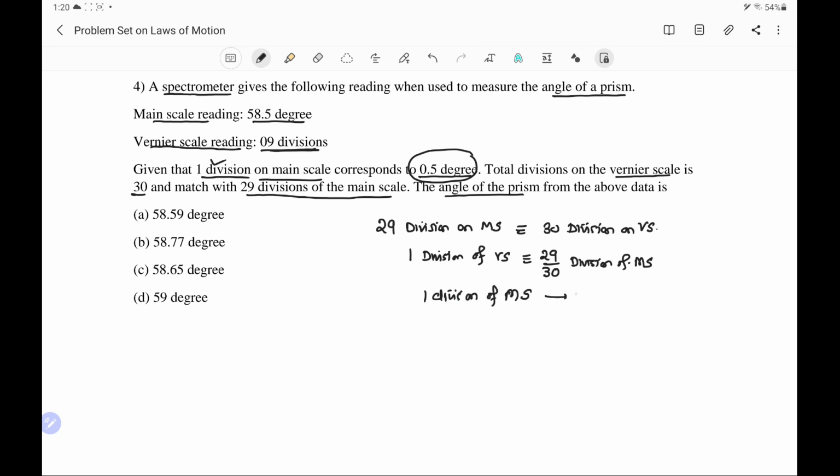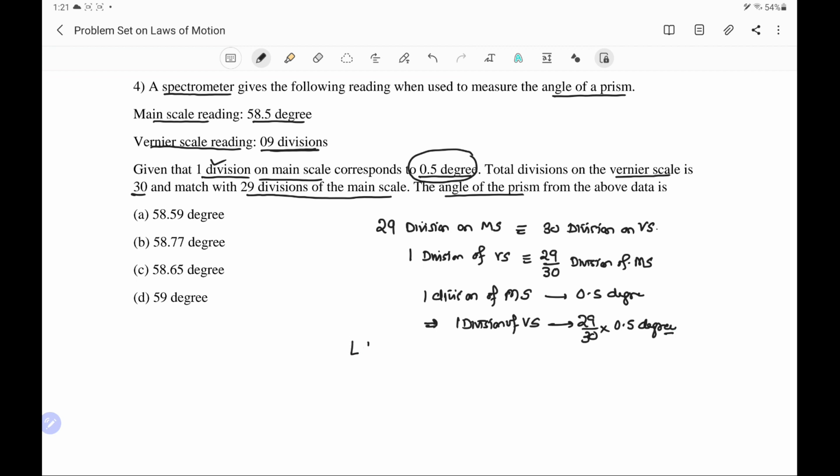This implies that one division of vernier scale will be equivalent to 29 by 30 into the value of one division of the main scale, and one division of main scale is 0.5 degree. So this is the value of one division of vernier scale.